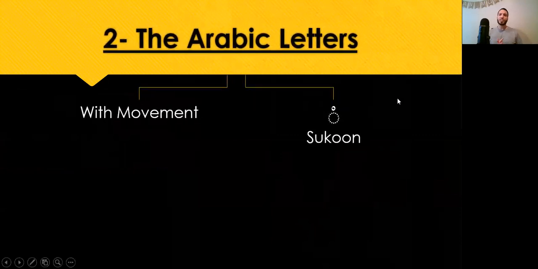The Arabic letters can be pronounced in one of 2 ways, either with movement or without, which means either with sounds or without sounds, either with a haraka, with a movement, or with sukoon. Sukoon is silence, no movement.